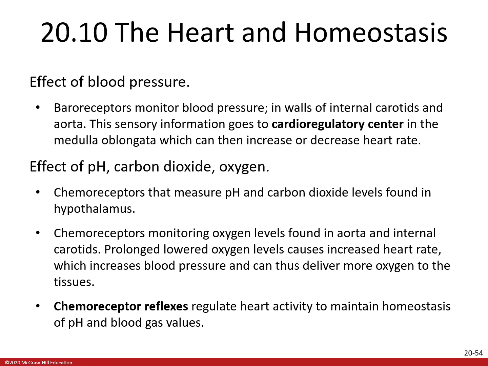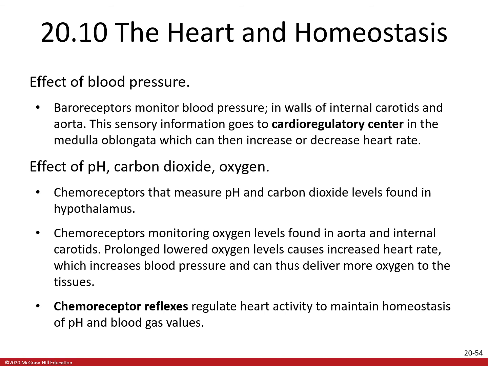Moving on into the effects of pH, carbon dioxide, and oxygen. Chemoreceptors, as the name implies, are receptors that pick up on chemicals, specifically those that measure pH, so the acidity and basicity, as well as carbon dioxide levels found in the hypothalamus.